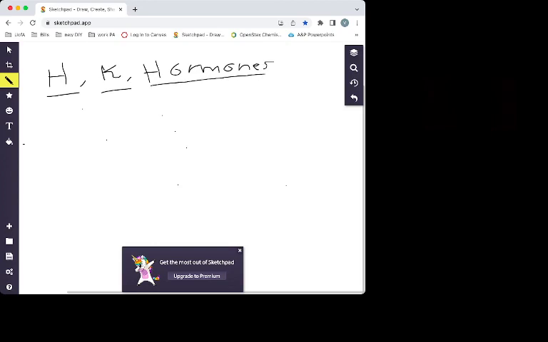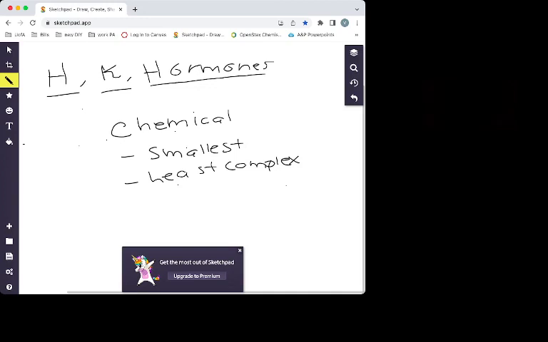These are all examples of the chemical level of organization for the body. So be sure that you understand that chemicals are the smallest and the least complex. And these are all examples of chemicals that we use throughout our body.